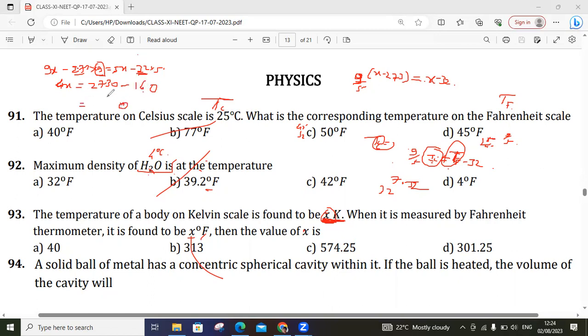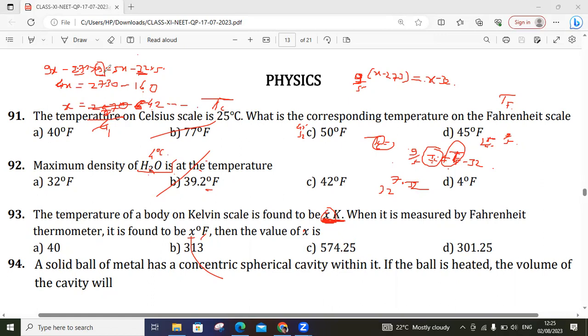So X will be by 4. 642 point something you will get.